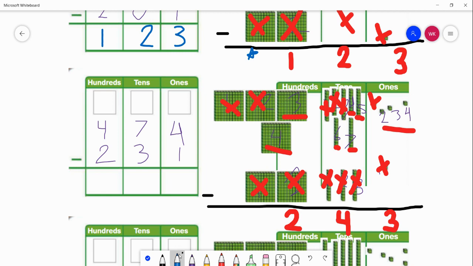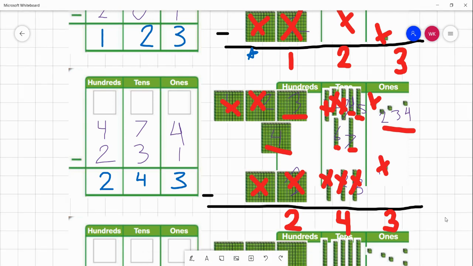Now let's check our work with our problem over here. We have 4 minus 1 equals 3, 7 minus 3 equals 4, 4 minus 2 equals 2, and we are correct. We have 243 as our answer.